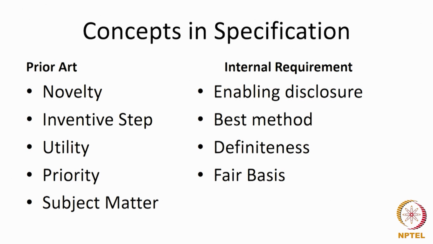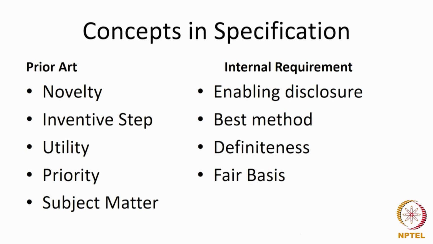What section 10 says is, on the matter disclosed in the specification. So fair basis is a requirement that you cannot claim something which you have not disclosed. You should disclose something in the descriptive part, and based on the disclosure you should make a claim.